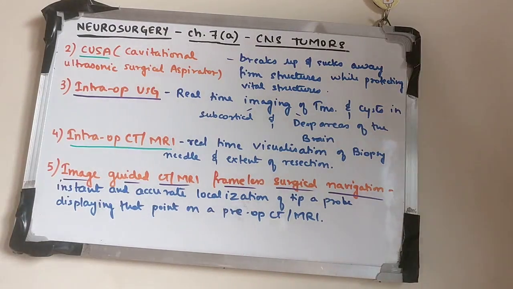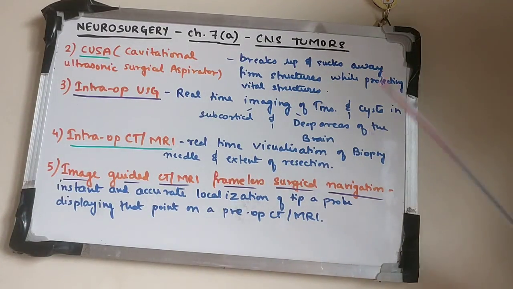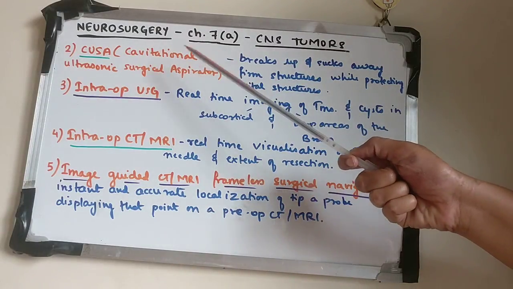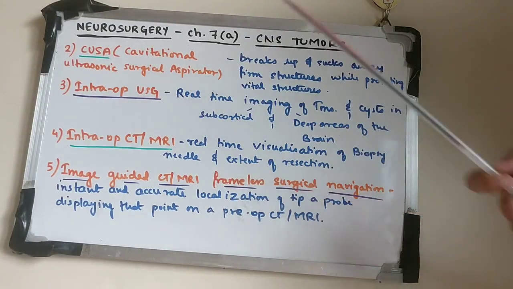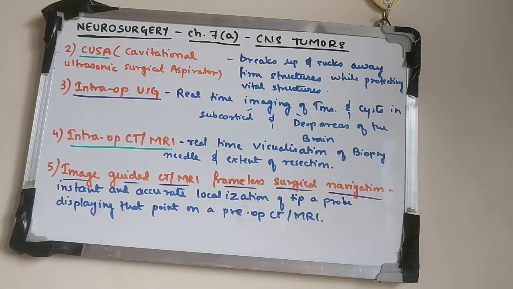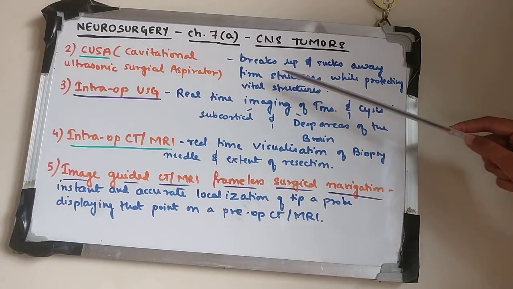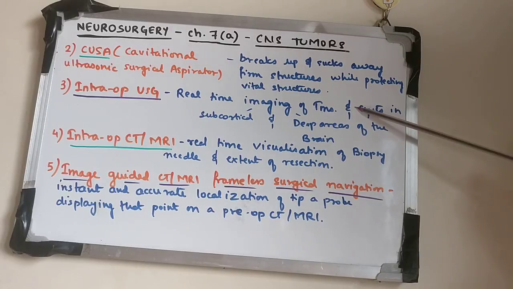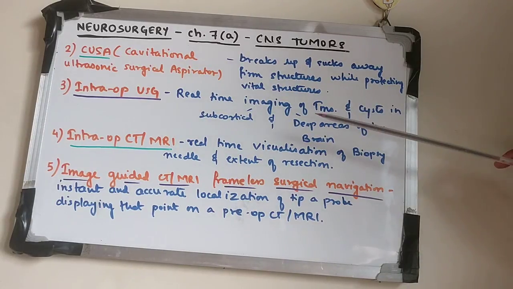So other techniques used for brain tumor surgeries are CUSA, that is cavitational ultrasonic surgical aspirator. As you can see, it is an aspiration technique. So it is going to simultaneously break up and suck away the firm tumors while operating on vital structures, and it is going to protect the vital neural and vascular structures.